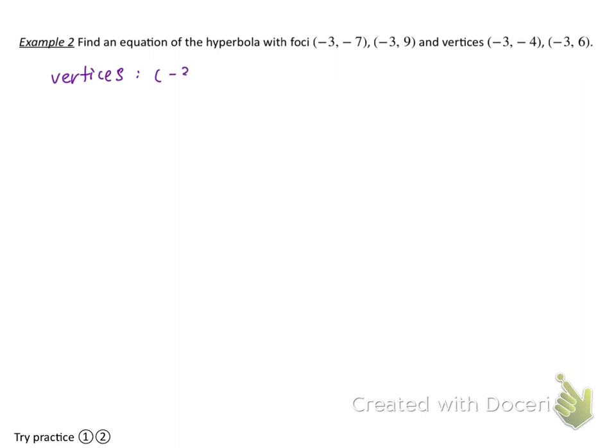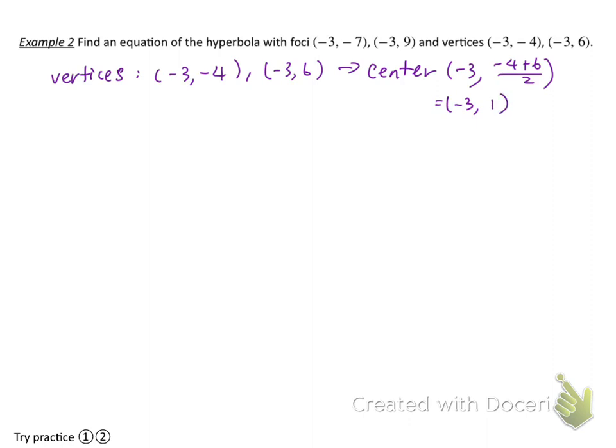Our vertices are (-3, -4) and (-3, 6). That tells you the center: the x coordinate would be -3, and then the y coordinate is the average of those 2 points. So this is -4 plus 6, which is 2, over 2, which is 1.